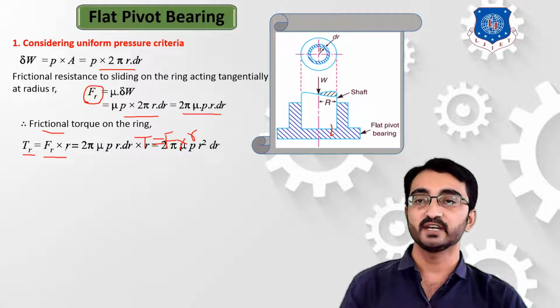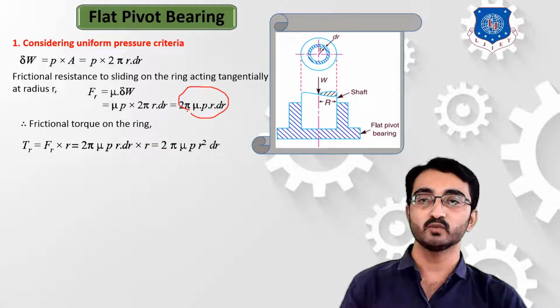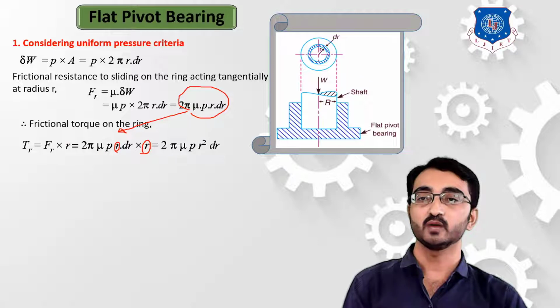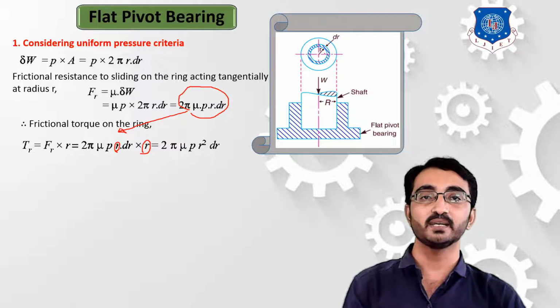By putting the value of Fr over here, your equation will be 2 pi mu P r dr into r. If you multiply this r with the second r, it will be 2 pi mu P r square dr. Now this is the frictional torque on the ring surface for a small elemental ring.